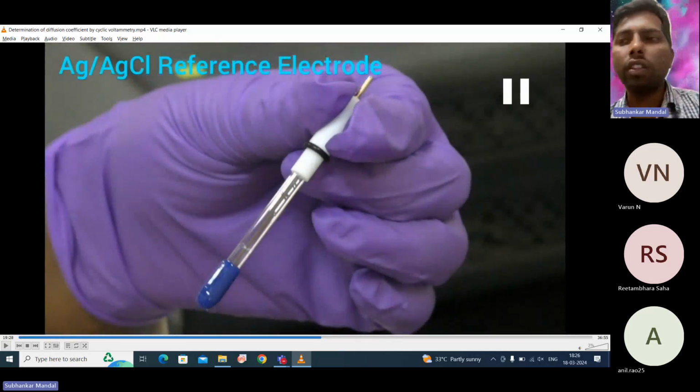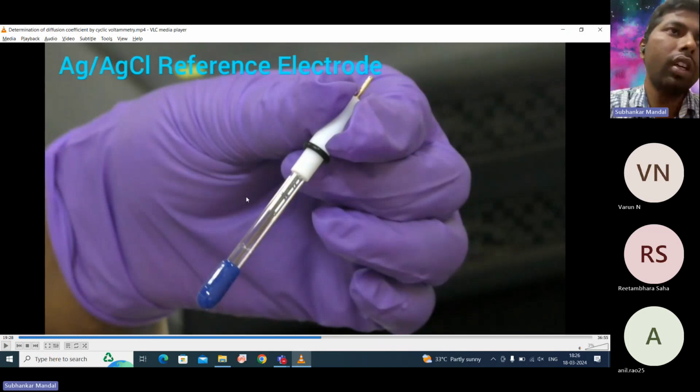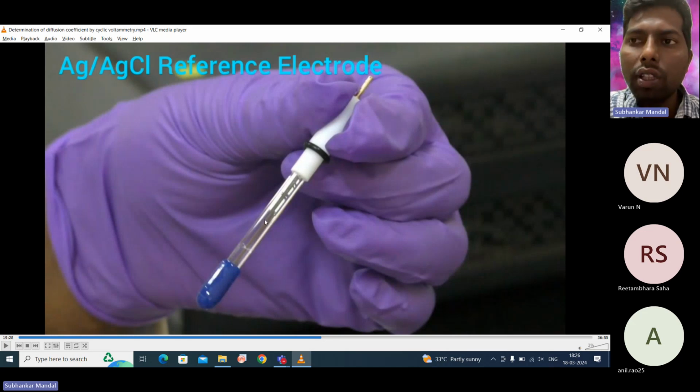And this is the reference electrode. This is the Ag/AgCl reference electrode, where you can see a wire inside the glass. That is the silver wire, in a glass tube, and the tube is filled with 1 molar KCl solution or 3 molar KCl solution.